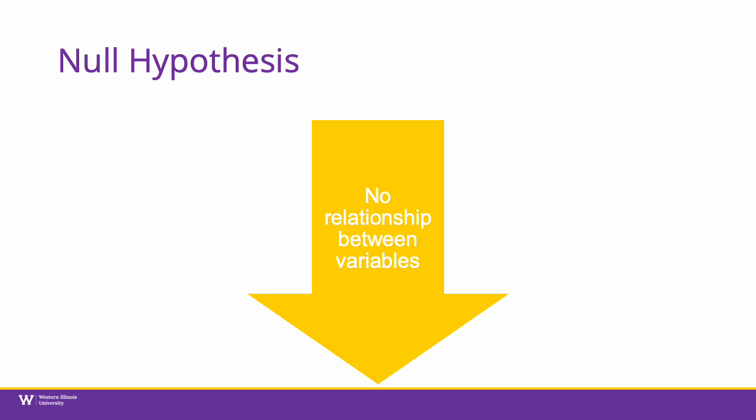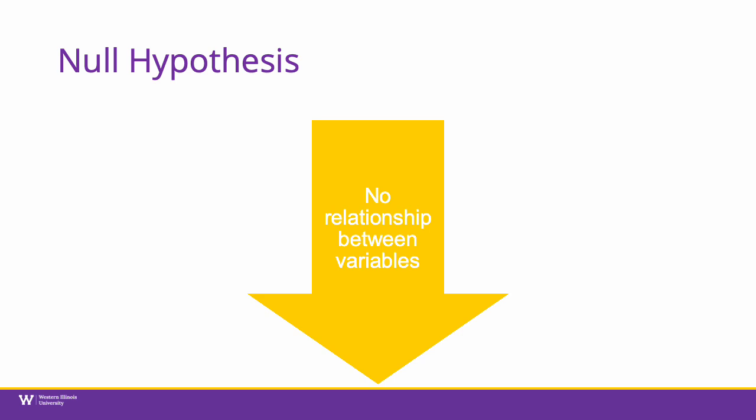So what we end up doing when we are engaging in hypothesis testing can be a little bit confusing, is that we are testing the null hypothesis. We are essentially saying, is there a relationship between the variables? So when we engage in hypothesis testing, we don't find that we were right, we just learn that we weren't wrong.